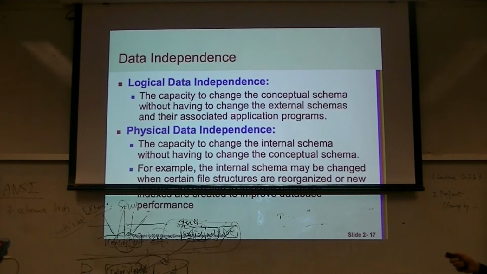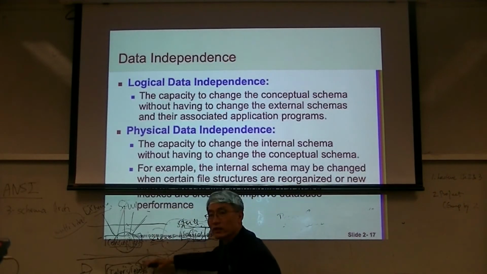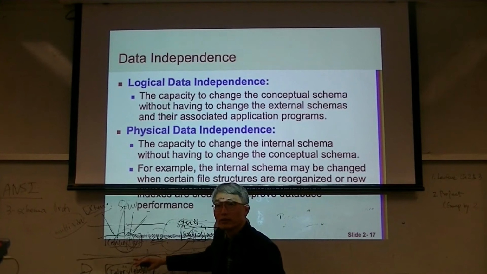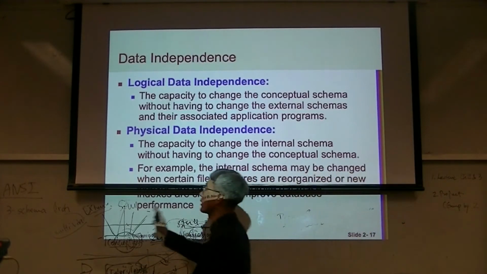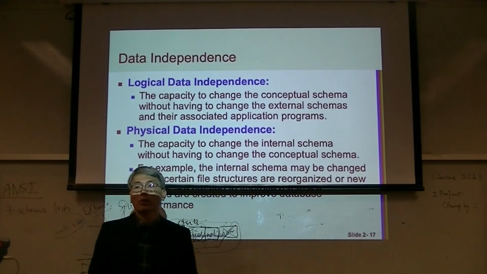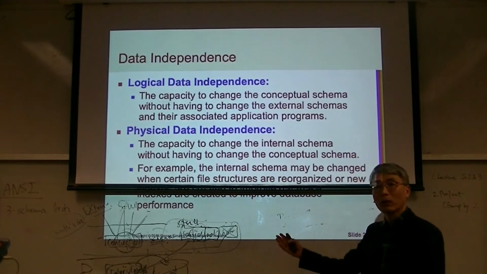The logical data independence means logically it's a separation. Physical data independence is at the physical level. This is logical independence, and this is physical level independence. Okay, so this is the standard, the ANSI standard. So nowadays most, even including NoSQL databases, follow the same thing.